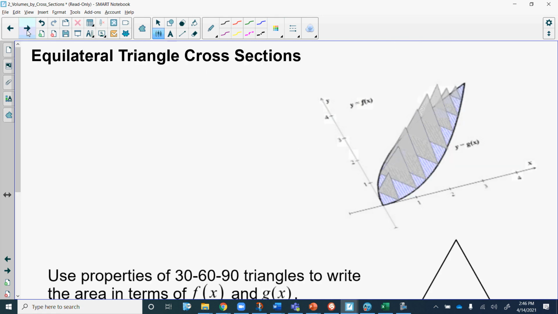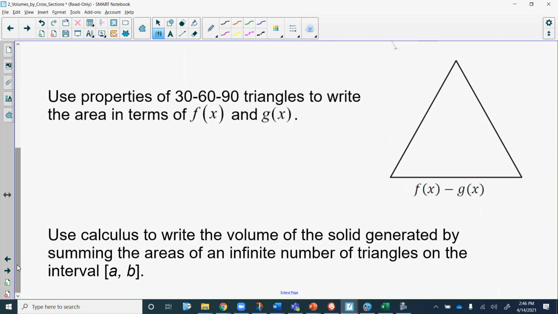For an equilateral triangle, we saw that the area was s squared times the square root of 3 over 4. That's how we were writing the area in this case. And so again, we're going to just do our substitution for the side.